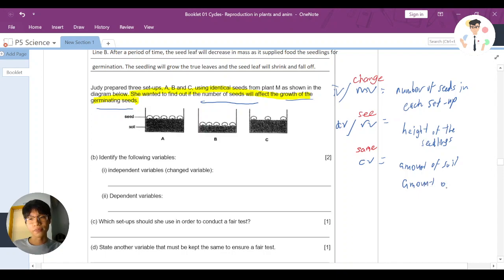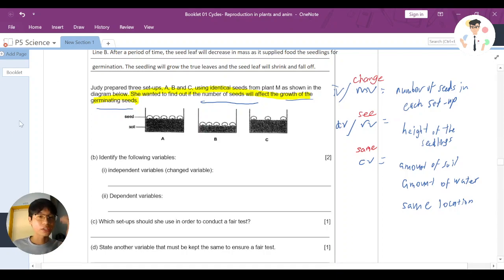Amount of water given. And maybe if you think more, you should put it in the same location. Why? Because the same location, or the location of the pot or the setup, ensures the same light amount, same oxygen, same temperature, all these things, right?